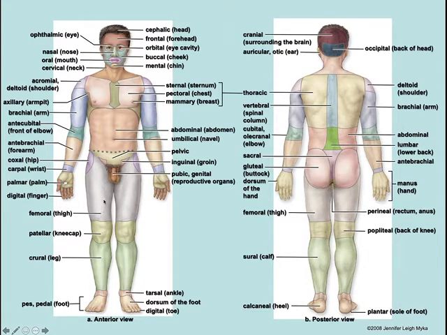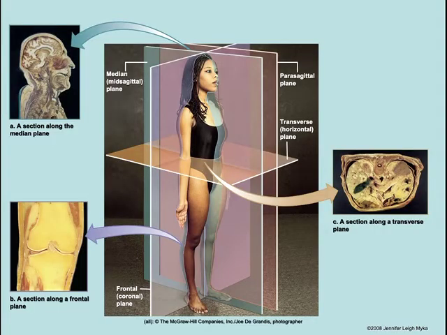This helps you down the road, because if you know that the femoral region is the thigh, then when you look for the word femoral in the name, you have an idea of where the object is located. So just practice these body parts, work with them, and you'll have an easier time of it when we hit the other body systems.